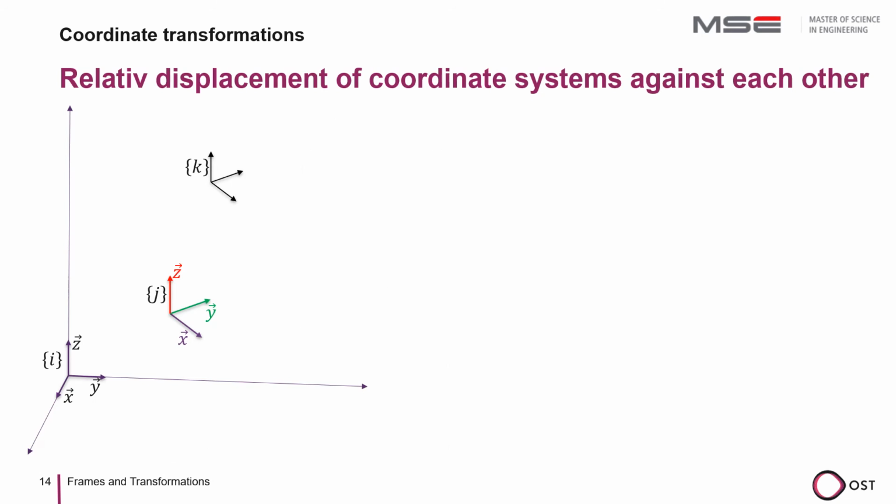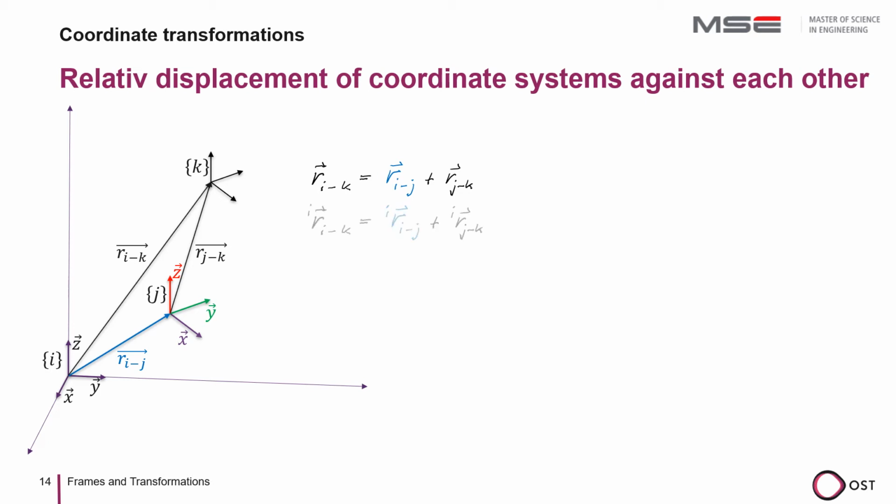Now we come to describe the position of one coordinate system to another. We know the position of the coordinate system J with respect to I, and we know the position of the coordinate system K with respect to J. From this we want to determine the position of the coordinate system K with respect to the coordinate system I. We get the location vector Rik by adding the vectors Rij and Rjk.